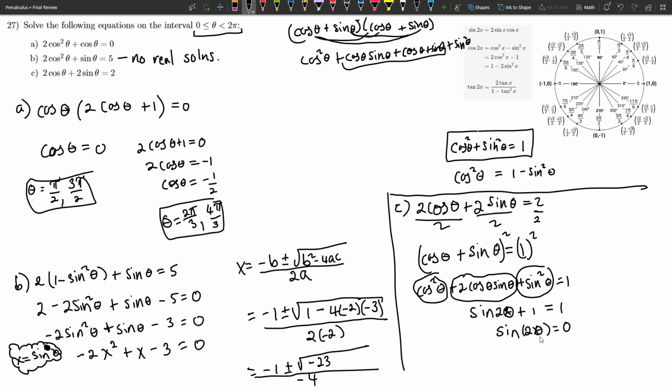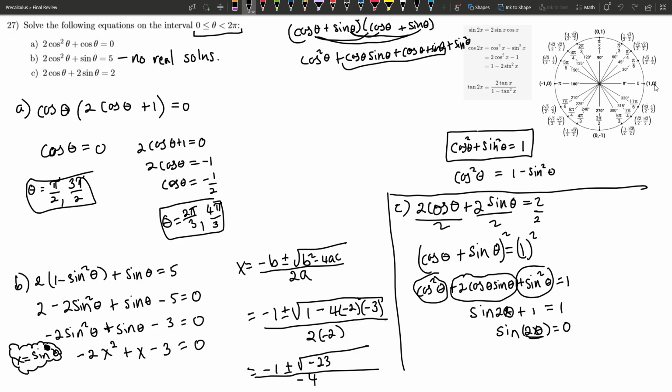Now, here's the thing. You could do this in a couple of ways. I'll do it algebraically, but I'll also show you using this picture. I know this is twice an angle because theta is really the angle. But what angle would sine have to be to give us 0?